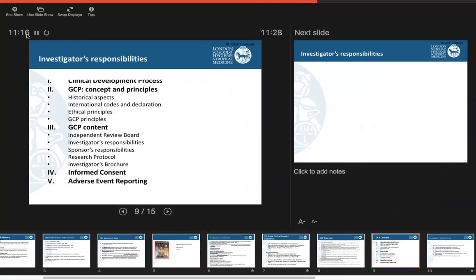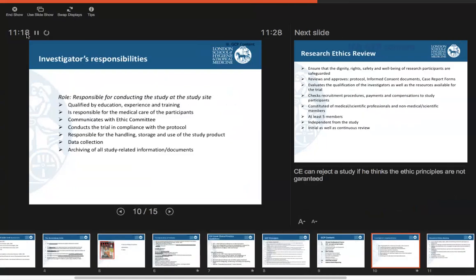So the first thing is, as the principal investigator, you need to understand your responsibilities in conducting this evaluation. So you must be a qualified person. You must be responsible. You're the final person responsible for the medical care of the participants. All the communications with the ethics committee are part of your responsibility.